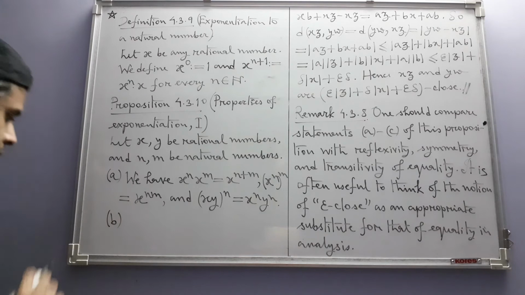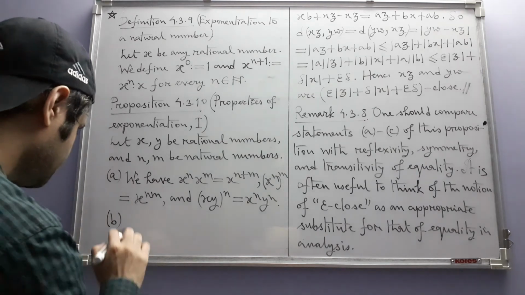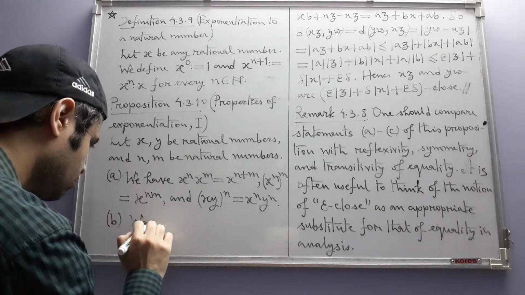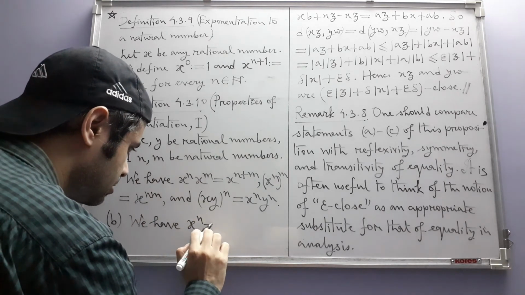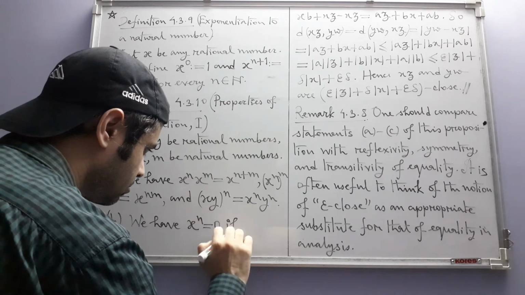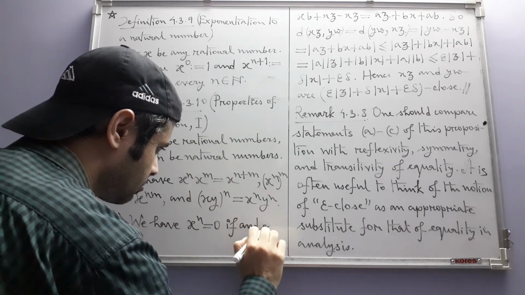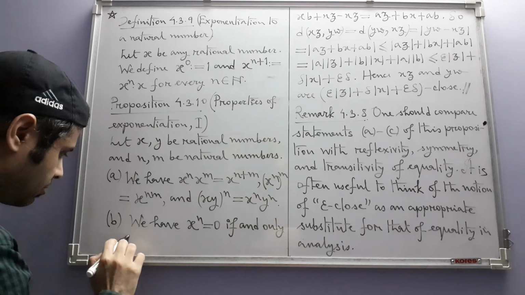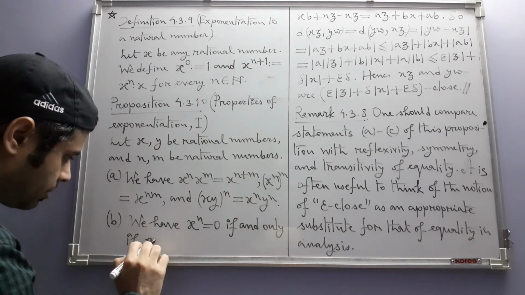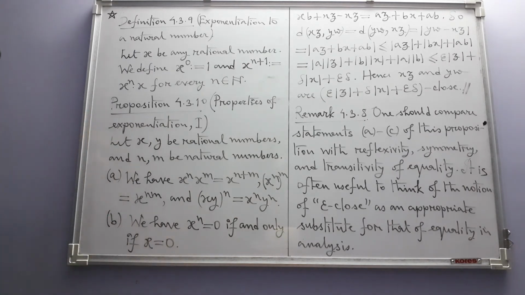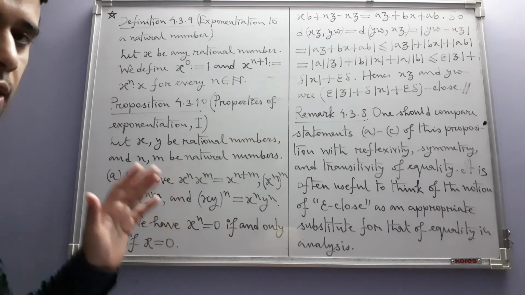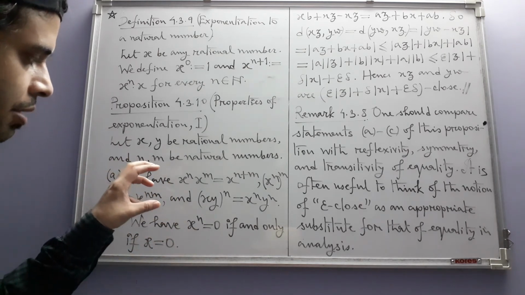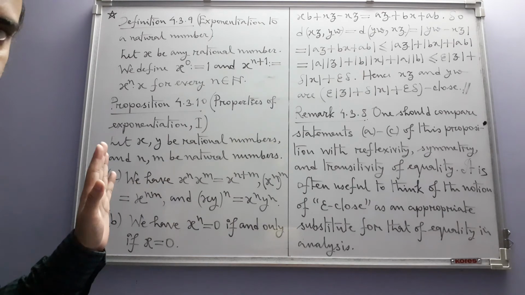Then part B. X to the power n is equal to 0 if and only if x is equal to 0. That means if you take the nth power of a non-zero rational number where n is a natural number, then that nth power can never be equal to 0.